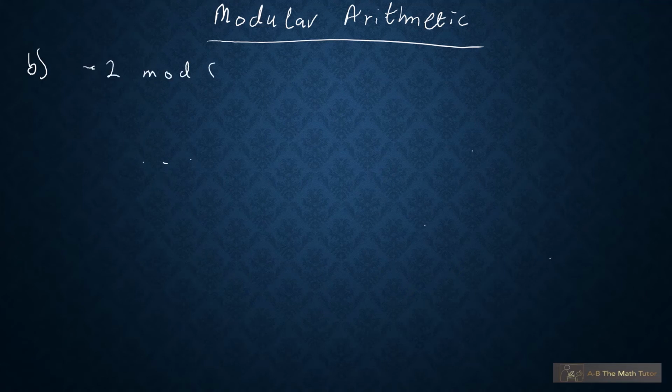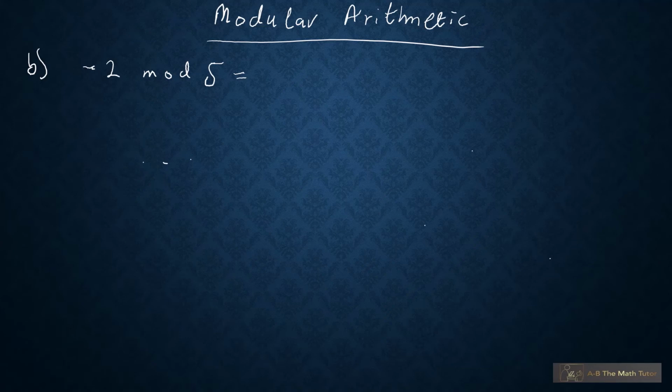The rule concerning the mode of a negative number is to keep adding the modular number to the negative number until you get a positive number. So this is how to go about such a problem.